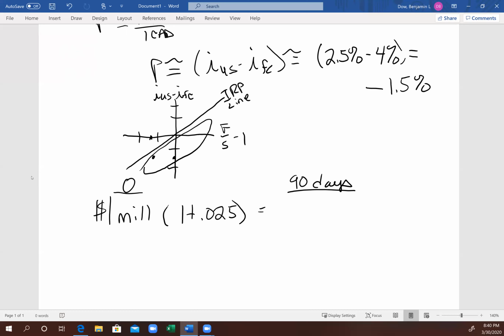After 90 days, $1 million, earning 2.5% interest, gives you $1,025,000, investing domestically.